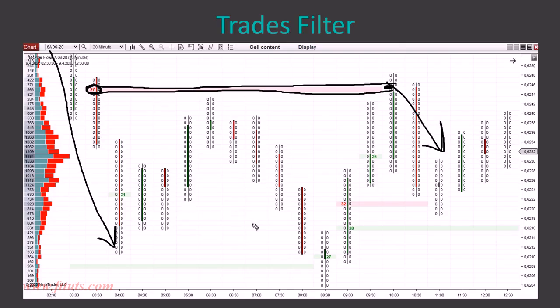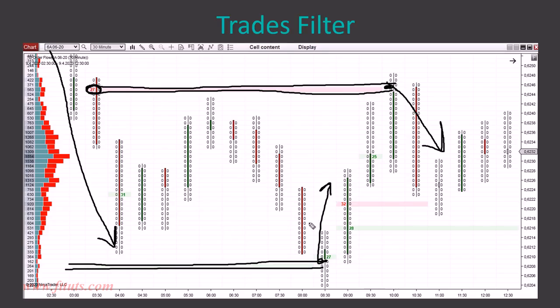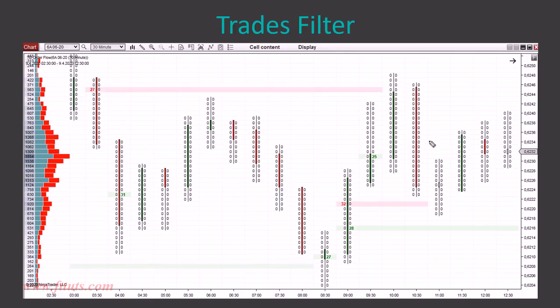Now there's also a reaction to some old support from here. This is the reaction. And also there is this support which got tested. Let me delete all that. So this is the support. Buyers were pushing the price upwards. In here they were entering with market orders.